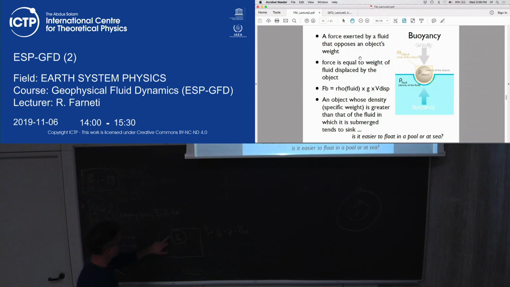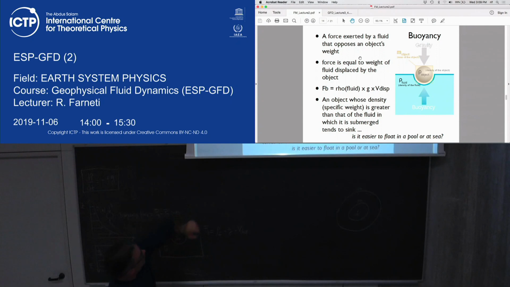In this case, the whole thing is immersed in the fluid, like a balloon in the atmosphere. So the buoyancy force is given by the density of the fluid, not the density of the object. If you put a ball into the ocean, it will feel a buoyancy force equal to the density of the fluid times gravity times the volume displaced by the object.